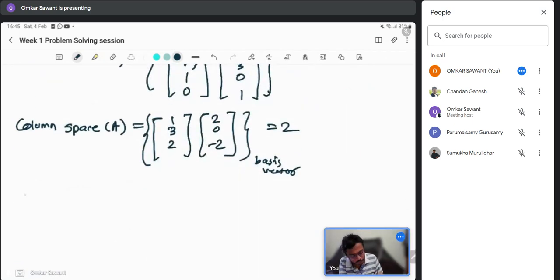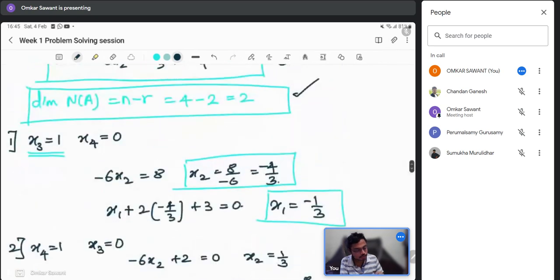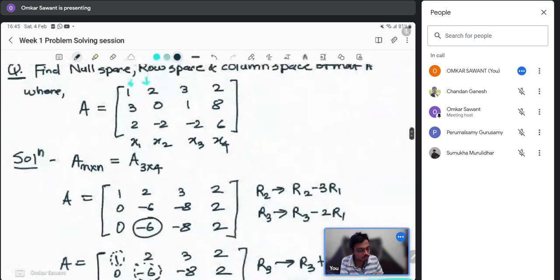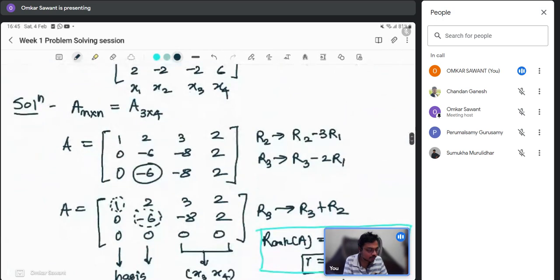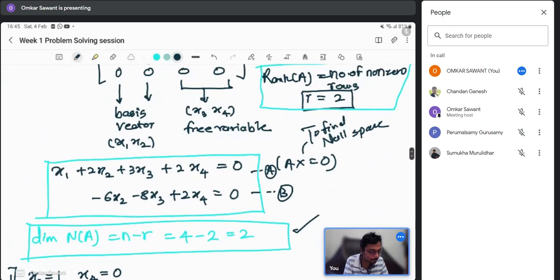Yes, sir. And the row space of A will be... what will be the row space? Do you have any idea about what will be the row space?